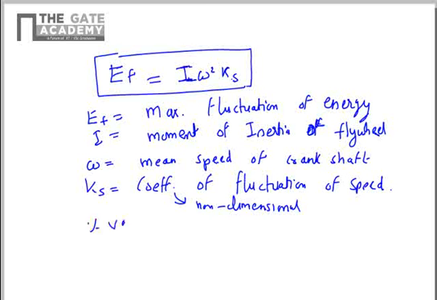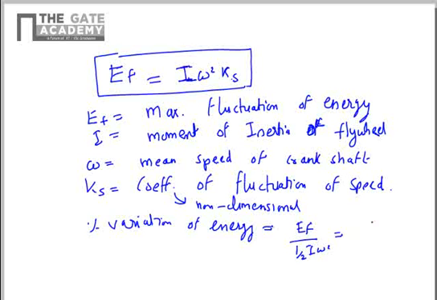The percentage variation of energy is the maximum fluctuation of energy divided by mean energy, and the mean energy of the system is half I omega square.